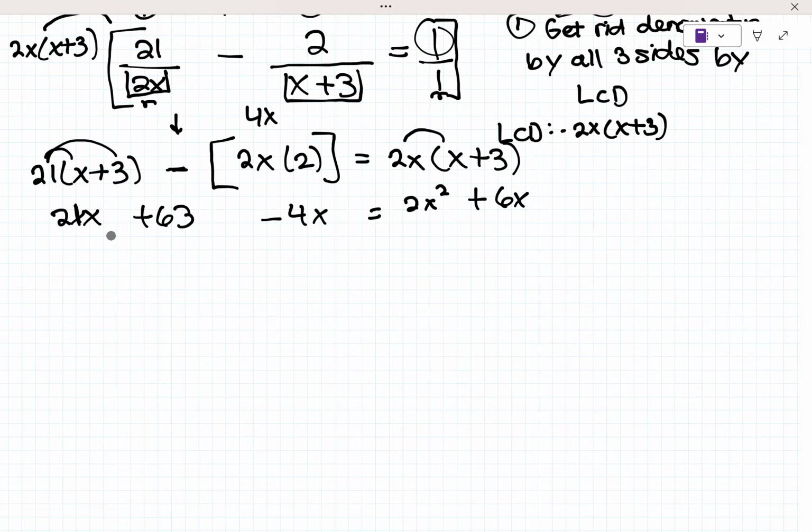By the way, before I move things around, can I collect like terms? Yes, I can. What is 21x and negative 4x? It is 17x. And then you saw the 63, right?